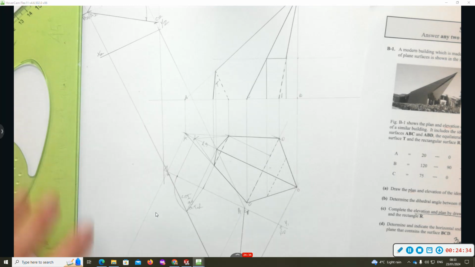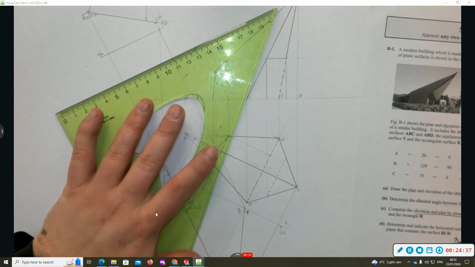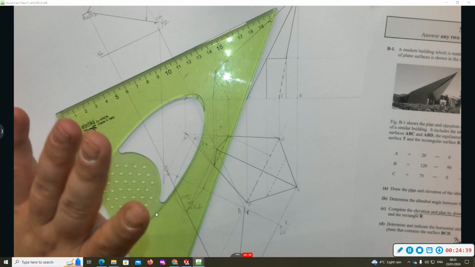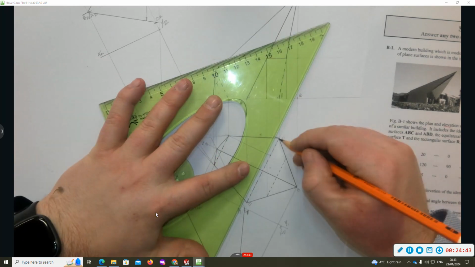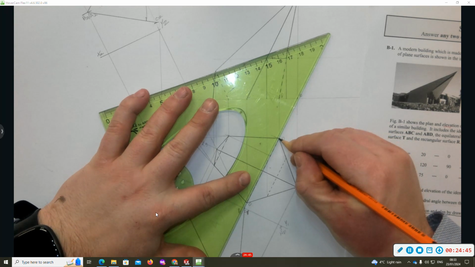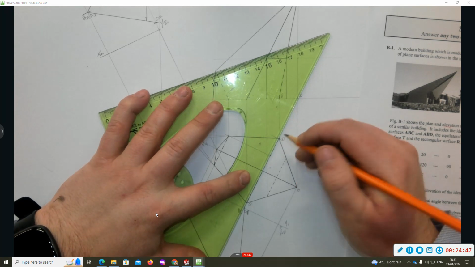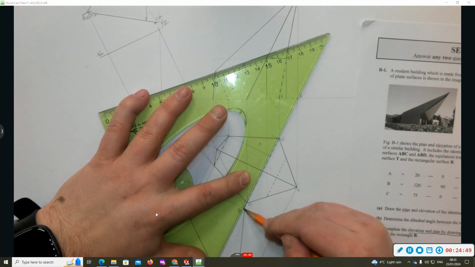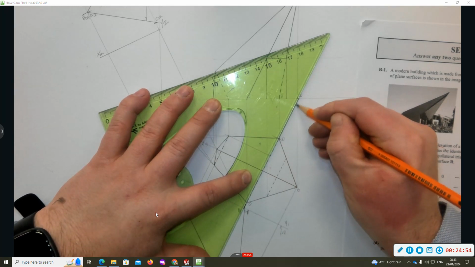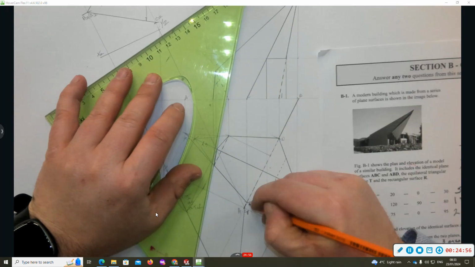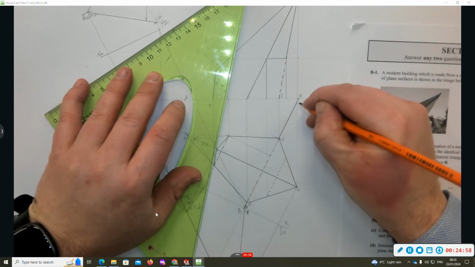Right, so B and C, C and D I need to join together, C and D, my bad. So C and D are points on the XY line elevation, so they're points on the HT in plan. So here's my HT in plan.